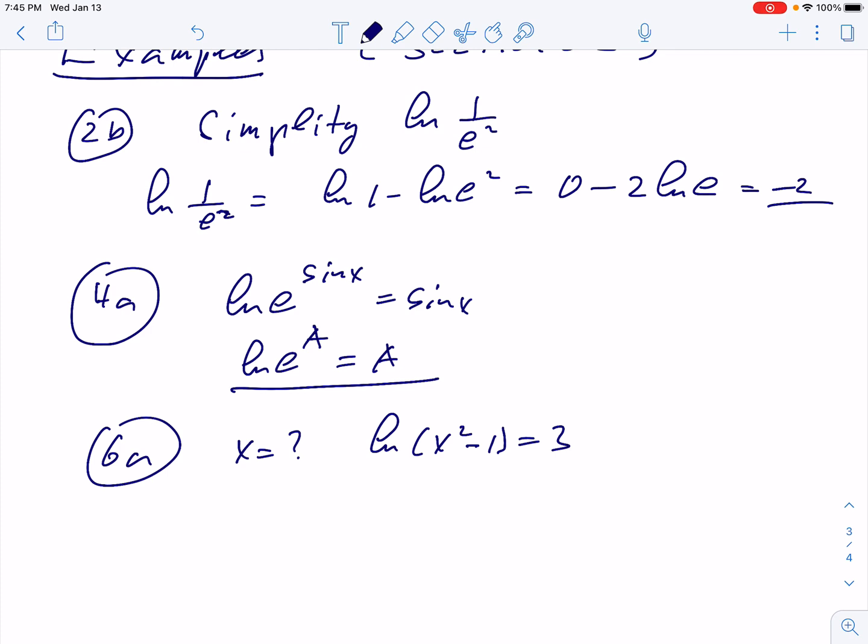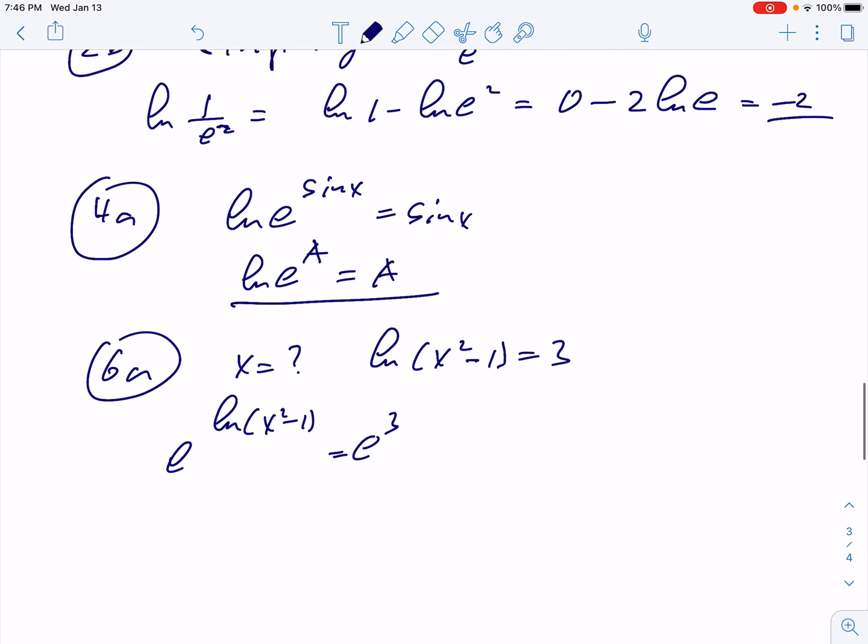Taking exponentials of both sides, I'm writing exponential logarithm x squared minus 1 equals exponential 3, taking the natural exponential function. On the left side, this is x squared minus 1, and this equals e cubed. From here, x squared equals e cubed plus 1, and x, of course, will be the square root, don't forget plus minus, of e cubed plus 1.